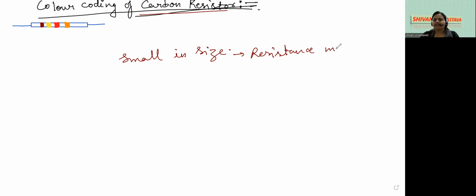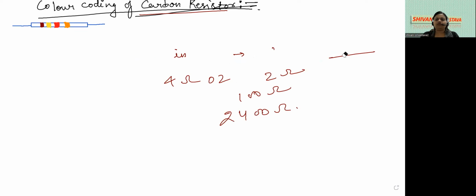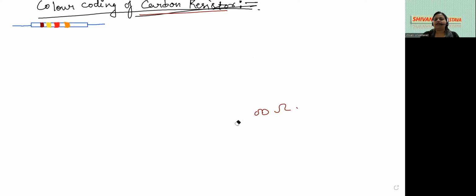To mention the resistance, like 2 ohm, 4 ohm, 100 ohm, 2000 or 400 ohm, we need space. If we don't have space, then what can we do? We can represent them with colors also, so that we can get it.